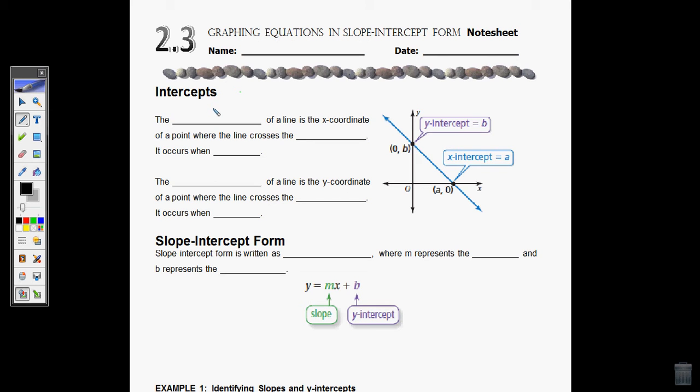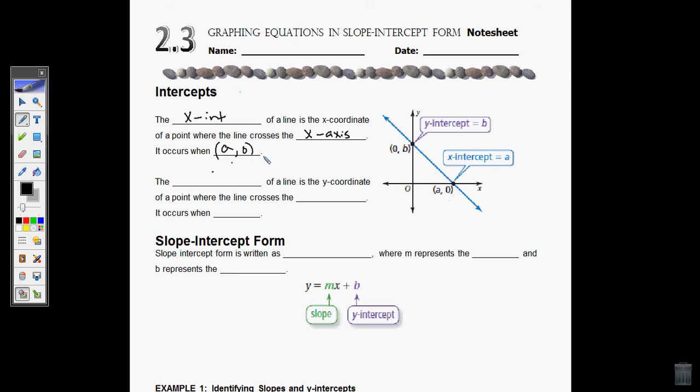So first we need to look at some vocabulary. The first part is X-intercept. The X-intercept of a line is the X-coordinate of a point where the line crosses the X-axis. It occurs when the Y value is 0.